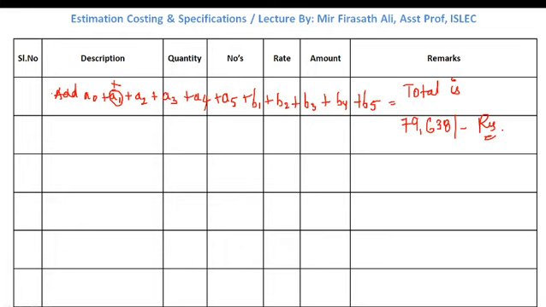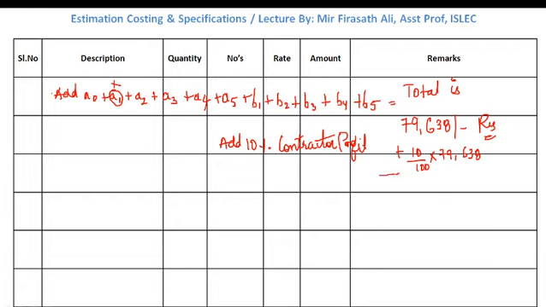We need to add 10% contractor's profit. Profit plus 10 by 100 into 79,638 rupees.